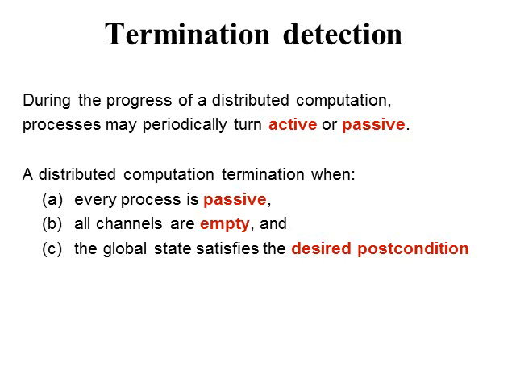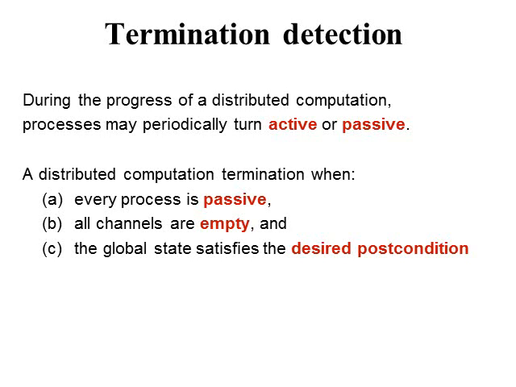And not only that, all the channels in the distributed system should become empty. Because if there is something along the channel, then a process becoming active again is a possibility. We don't want that to happen, and so condition B is also related to condition A. So every process has to become passive and all the channels have to be empty.